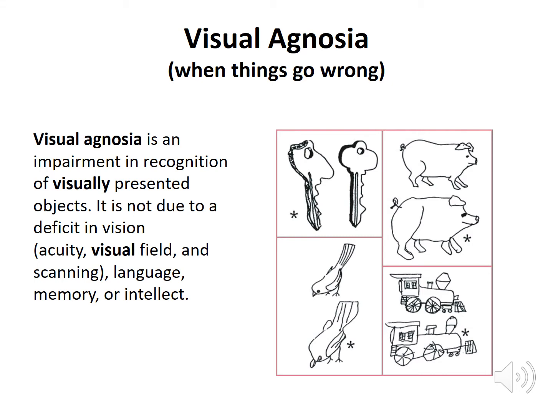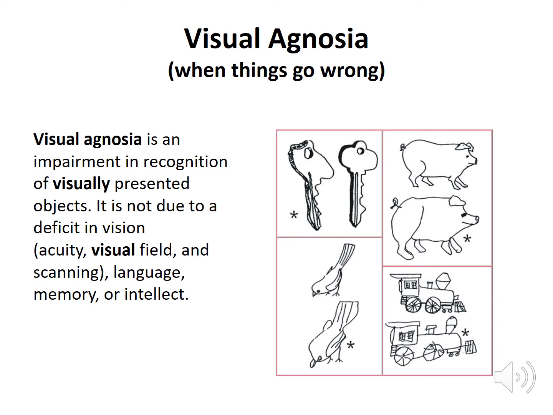And again, it's important to note that this has nothing to do with acuity or visual field or scanning or language, memory or intellect. So these people are perfectly fine in all these regards. What they have is a lesion in this higher level of visual processing that leads to certain deficits, and one of them is visual agnosia, which is the impairment of recognizing visually presented objects.